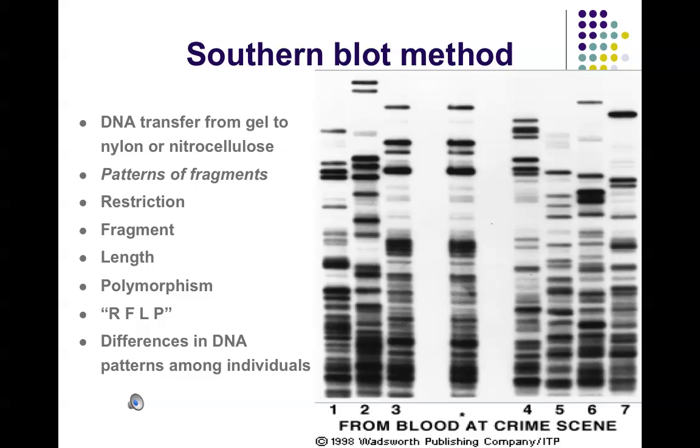And the likelihood, at least in a large population, of finding two individuals with exactly the same RFLP is extremely low. It is very unlikely that we would find two people with the same pattern in the same geographic location, unless, of course, they're identical twins or extremely closely related.